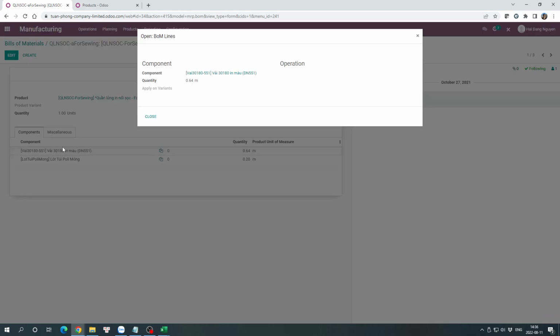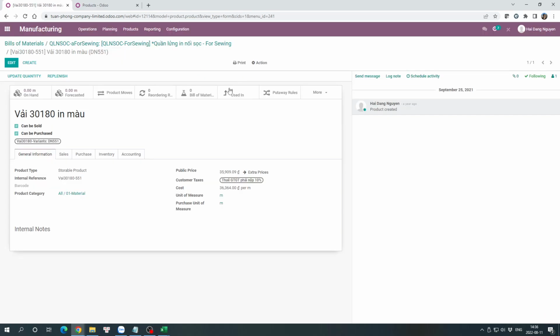So let me take a look at this one. What do I have here? A couple things to note. You've got internal reference, product category, storable products. Okay. Don't pay attention to this and this. You're buying this, so what matters is the cost right here per meters.